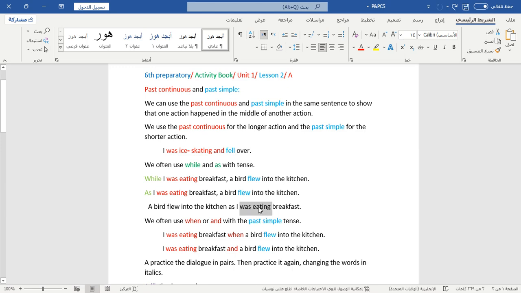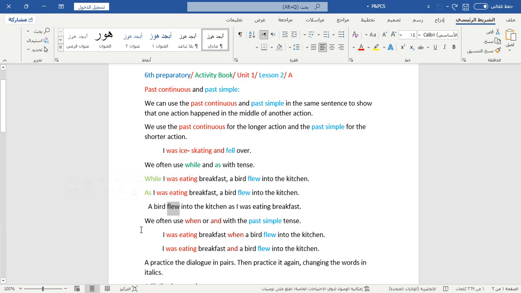Was eating, past continuous, is in the second part of the sentence, but in meaning it's the first action that happened. The second action, past simple, flew. Is that clear? Do you understand me? Answer me. Very good.